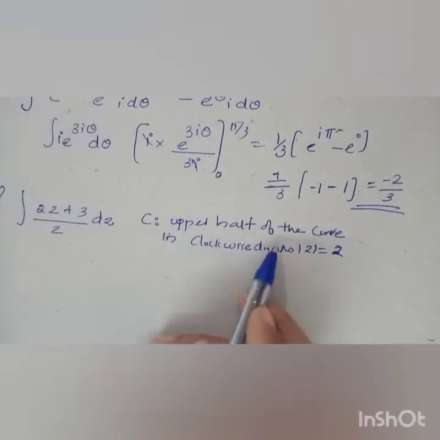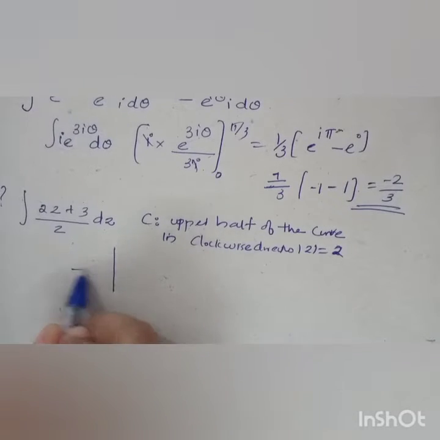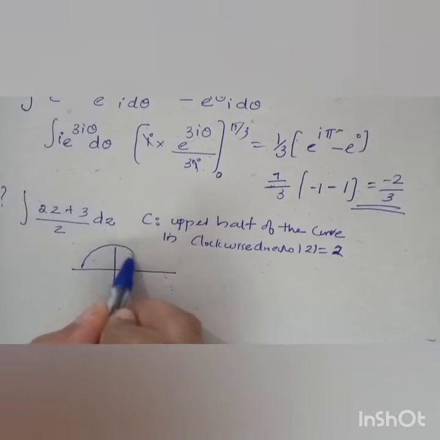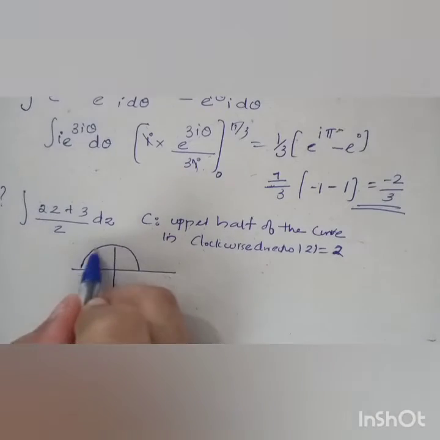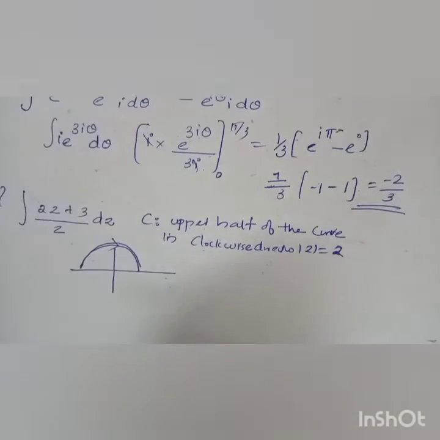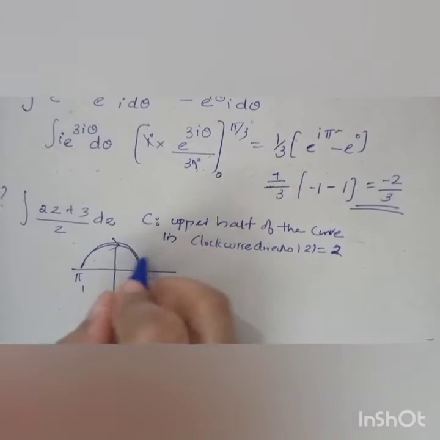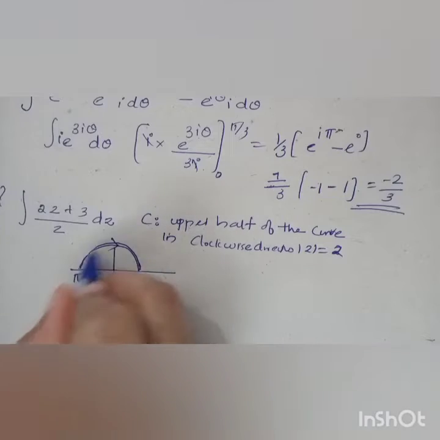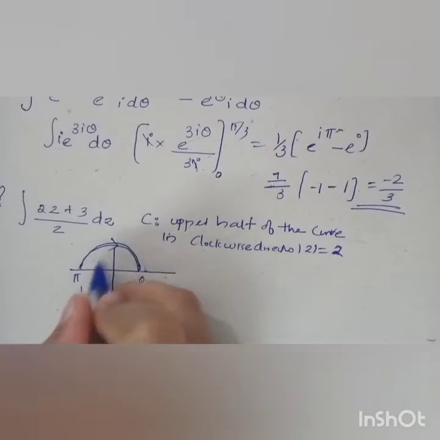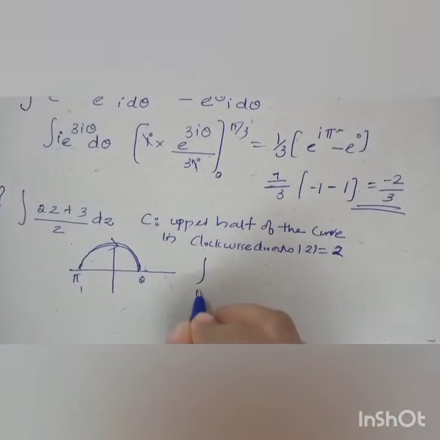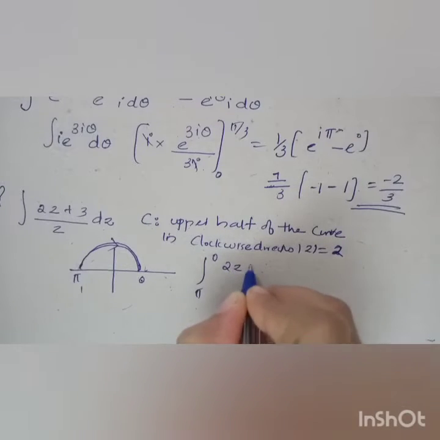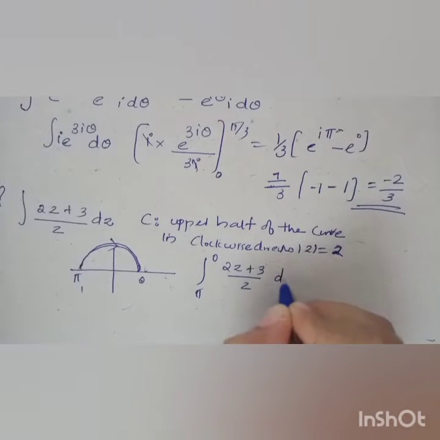So we know that upper half of the curve means this, and clockwise direction means like this. So this is 0, pi and 2 pi. So we have to integrate from pi to 0, that is in clockwise direction. So integral pi to 0 of 2z plus 3 divided by z dz.